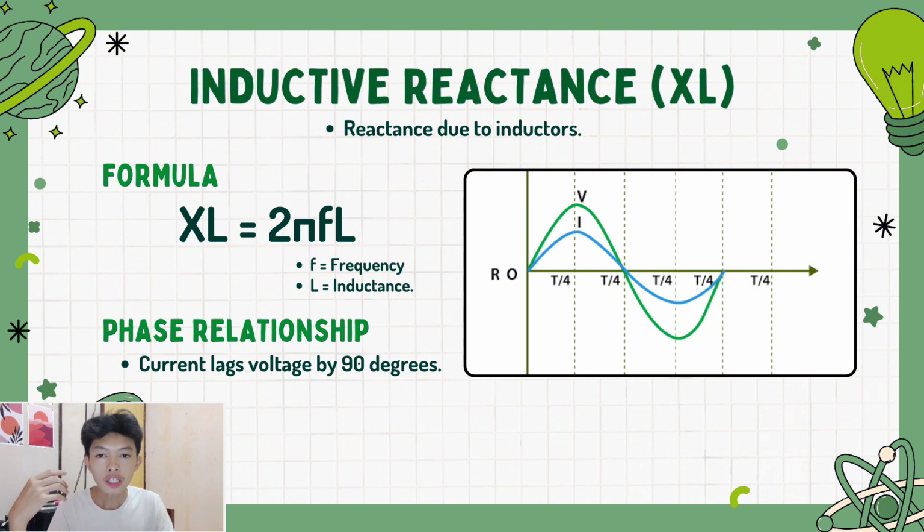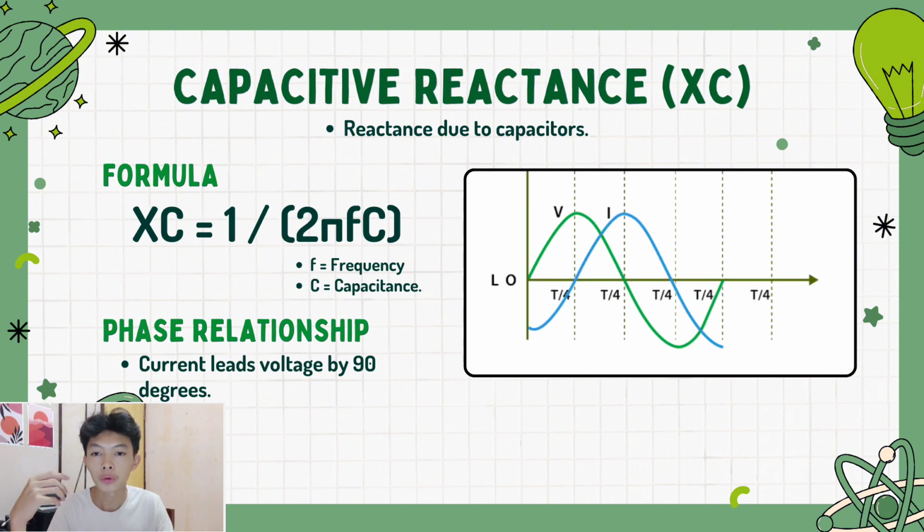Now, since we have inductive reactance, we also have what we call the capacitive reactance, or the XC. Now, this comes from something called a capacitor, which stores electricity like a tiny battery.